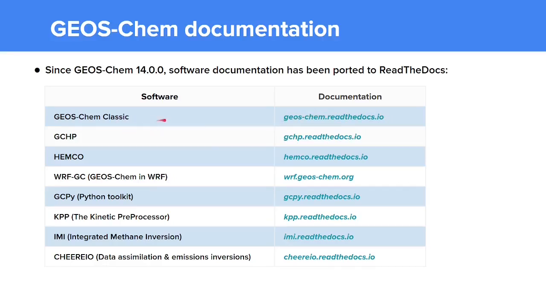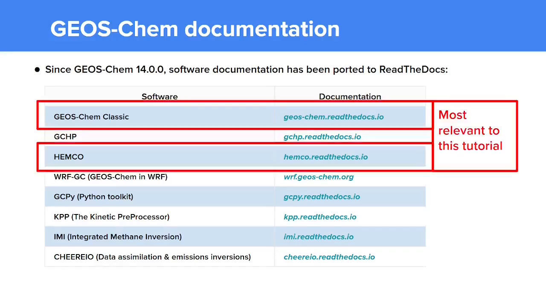So GEOS-Chem Classic, as I mentioned, GCHP has its own manual, HEMCO, which is the emissions package that we'll talk about in a little bit, and so forth. You can click on each of these Read the Docs packages to get more information about the specific software package. But most relevant to this tutorial are GEOS-Chem Classic and HEMCO, which we'll be focusing on later.